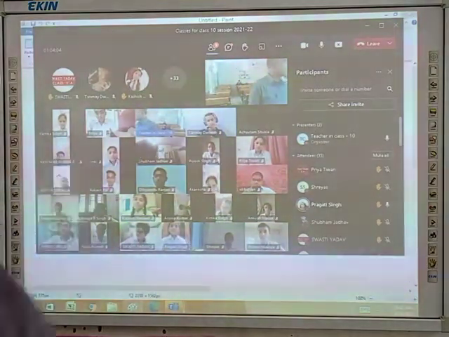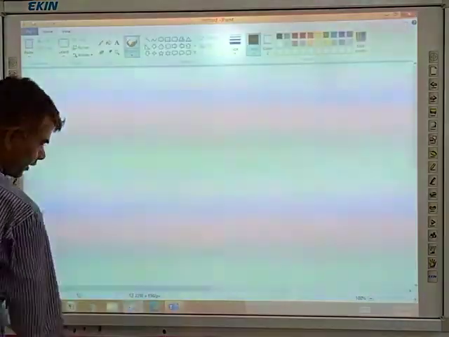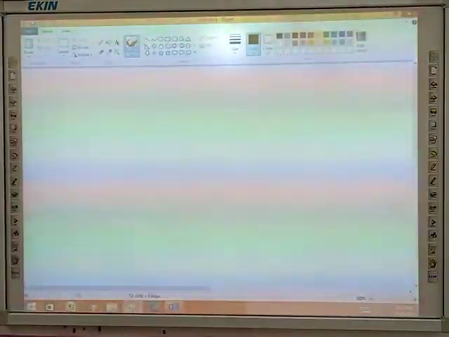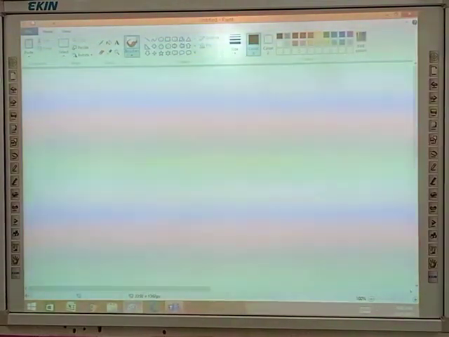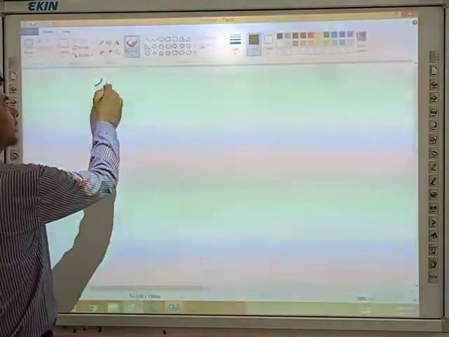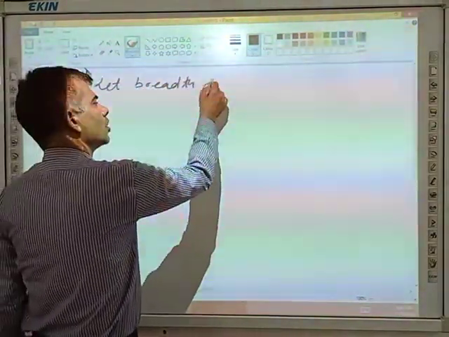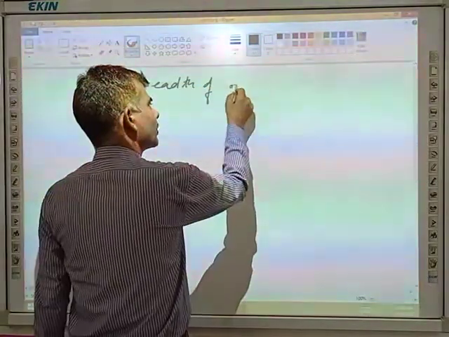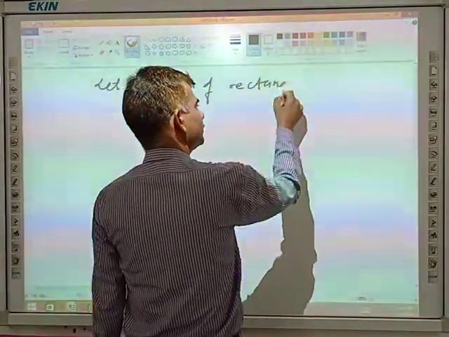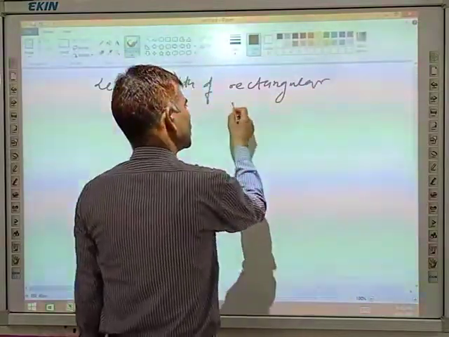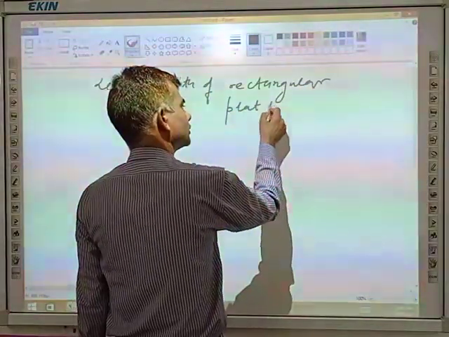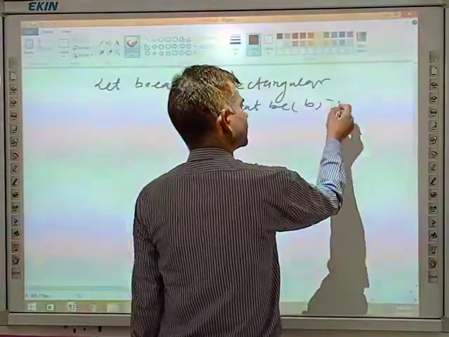Don't take 2 variables. Students, the length of the plot is one more than twice its breadth. Let the breadth of the rectangular plot be x meter.